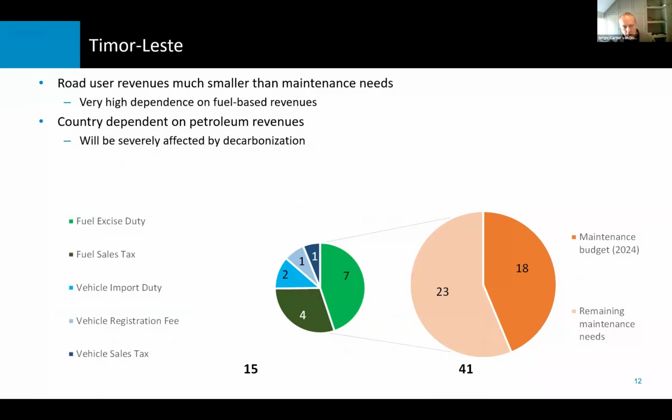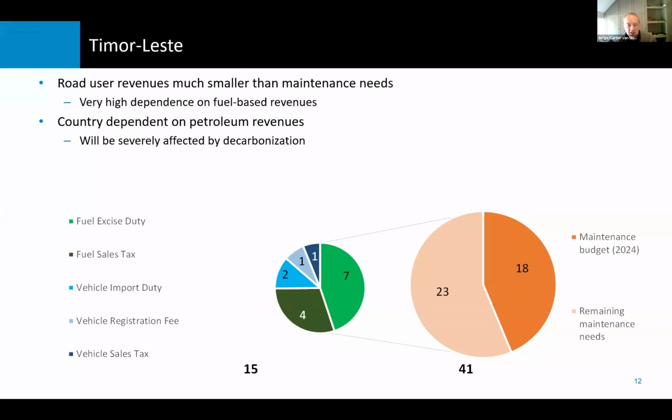Last country I'll talk about is Timor-Leste. They collect very little road user revenue and very high dependence on fuel-based revenues within that limited collection. Their situation is already quite dire because they are unable to finance the road maintenance needs from their road user revenues.